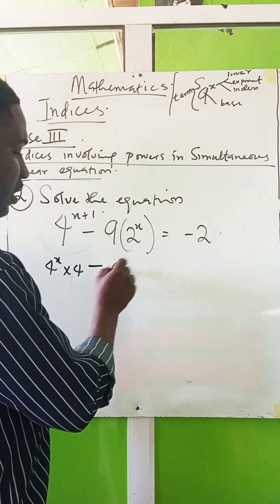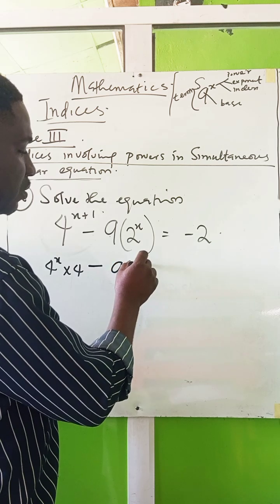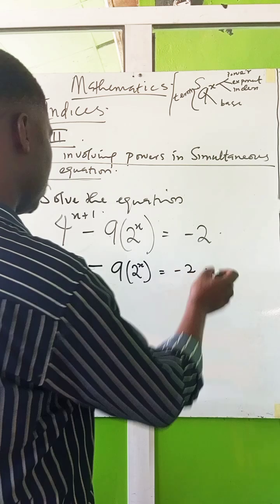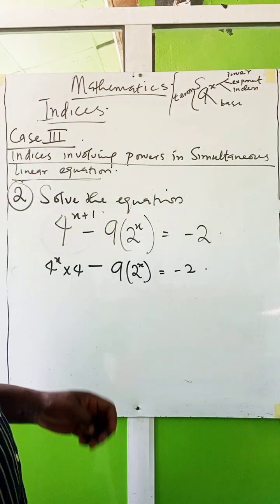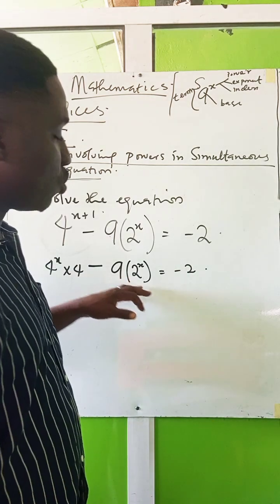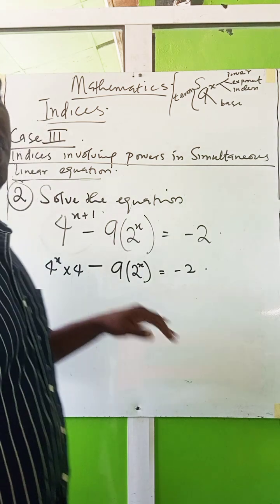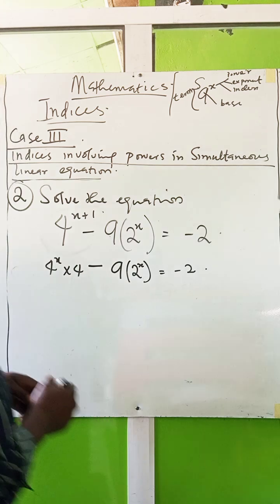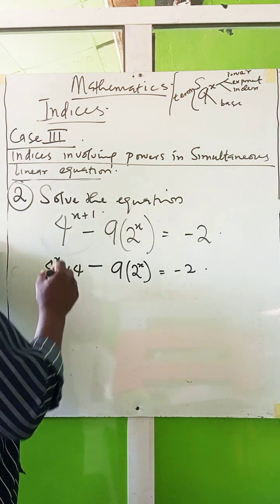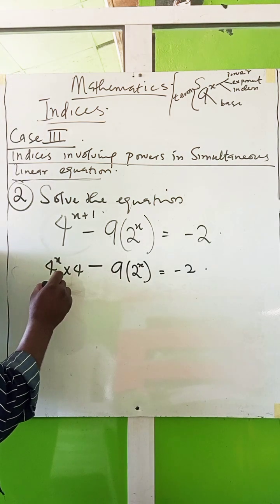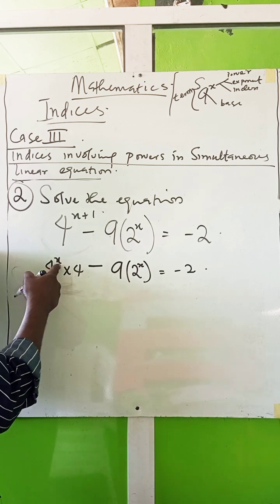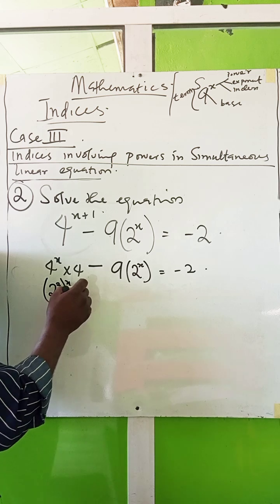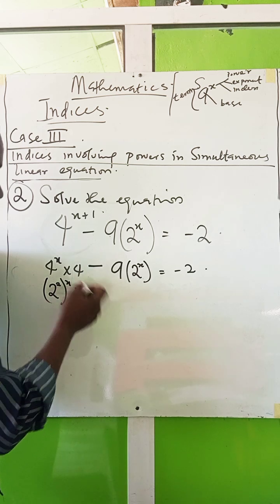Then minus 9 times 2 raised power x equals minus 2. Now, make all the terms to be in a common base, the lowest common base. For instance, this 4 is 2 raised power 2, right? And it has a power of x, times this 4.